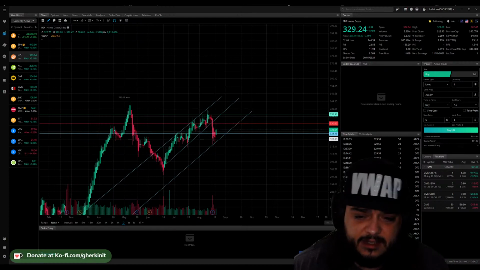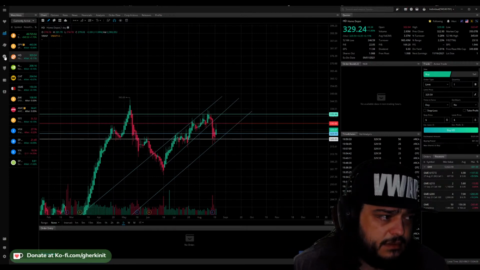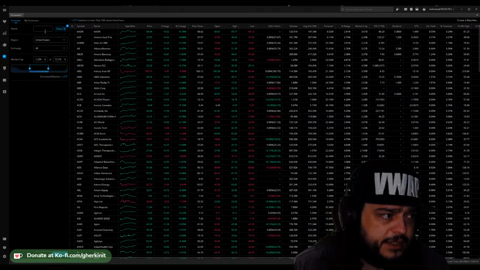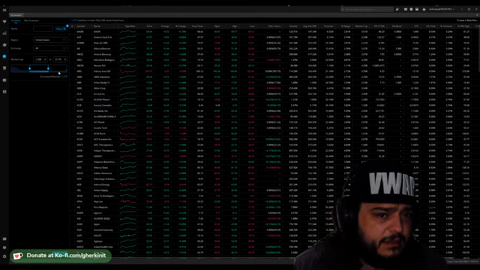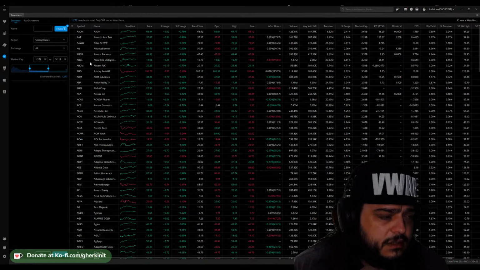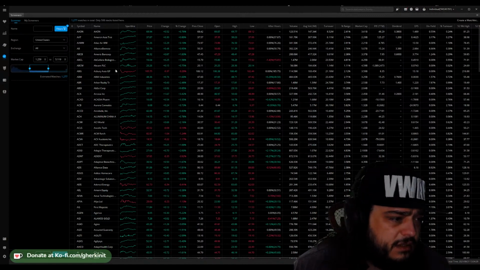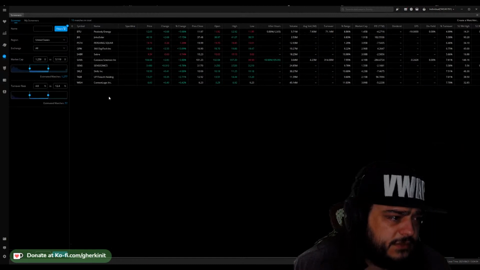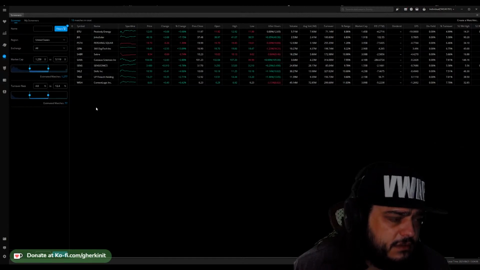I've never used the scanner on WeBull. I think it just scans by market cap, and then you can sort by there. Let's see. How does this work? Oh, you can... This actually doesn't seem that bad. Turnover rate. And, ooh.